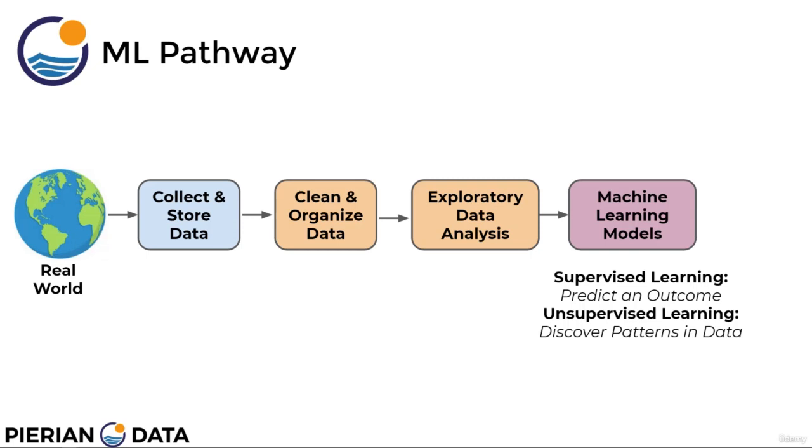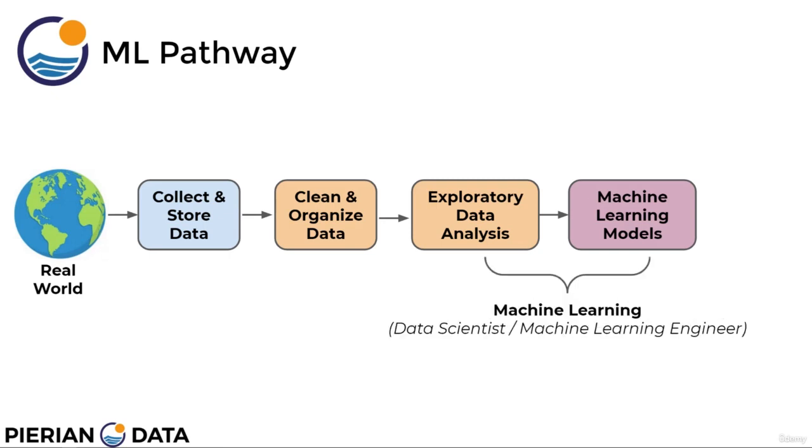And we're going to cover the differences between supervised learning and unsupervised learning in a lot more detail later on in the course. But just keep in mind the general difference here is, with supervised learning, you're trying to predict an outcome based off historical labeled data. With unsupervised learning, in general, you're trying to discover patterns in the data.